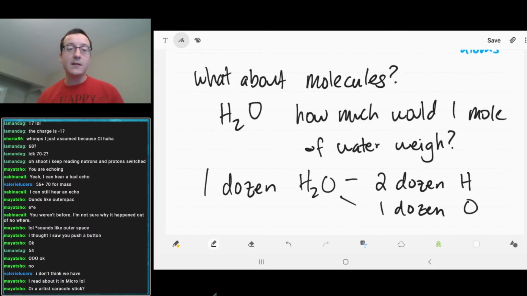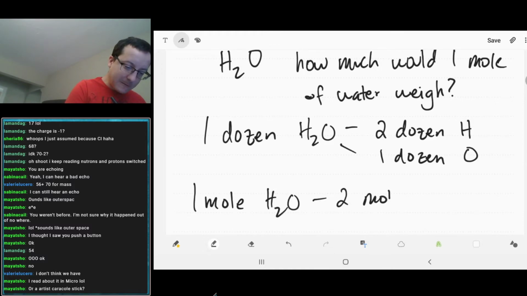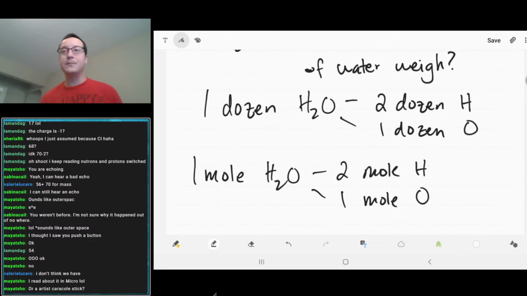So 1 dozen water molecules is made up of 2 dozen hydrogen atoms and 1 dozen oxygen atoms. So hopefully that is pretty clear. And so, if we had 1 mole of water, that's 2 moles of hydrogen and 1 mole of oxygen.